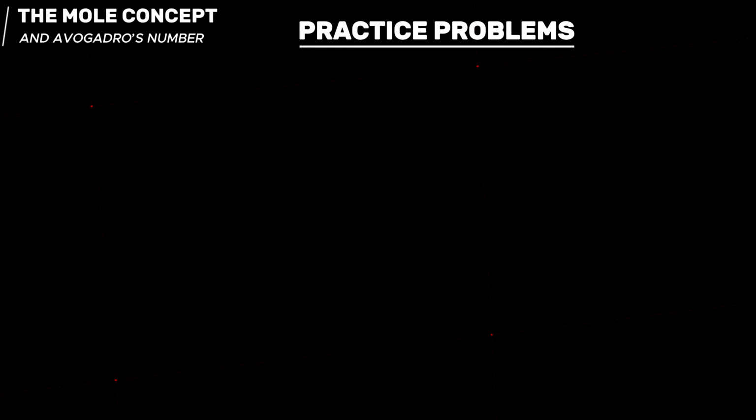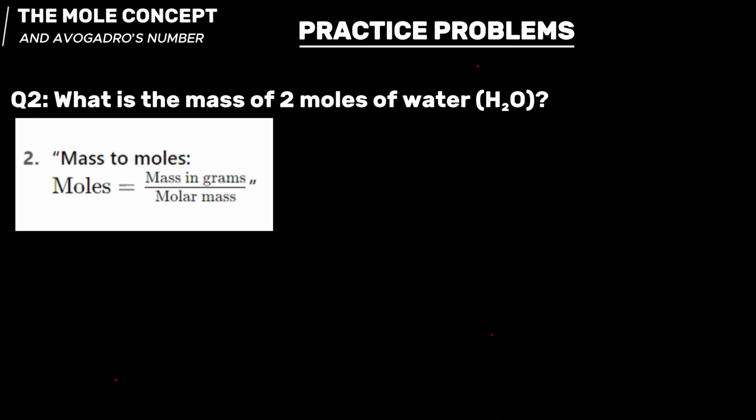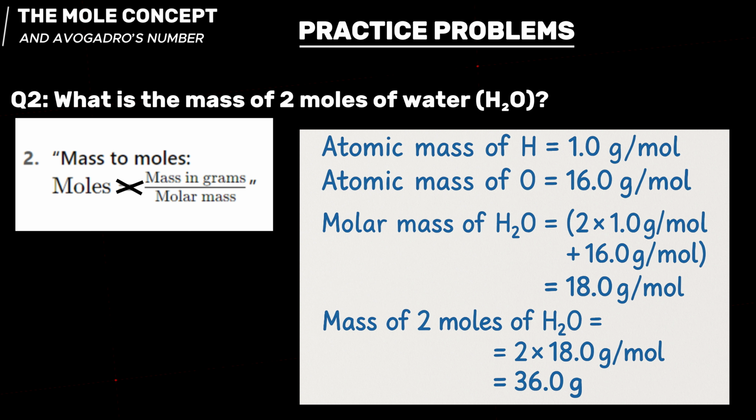Then question 2 is, what is the mass of 2 moles of water? We go back to formula 2. By the time we cross multiply, we'll find mass will be the mole times the molar mass. So 2 moles times 18 gram per mole, the molar mass of water, will get 36 gram.